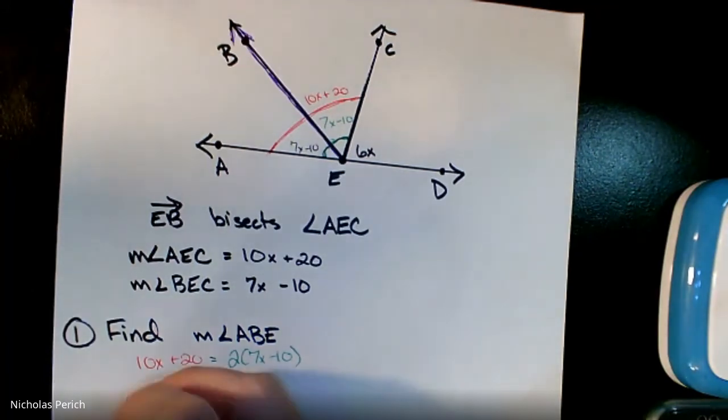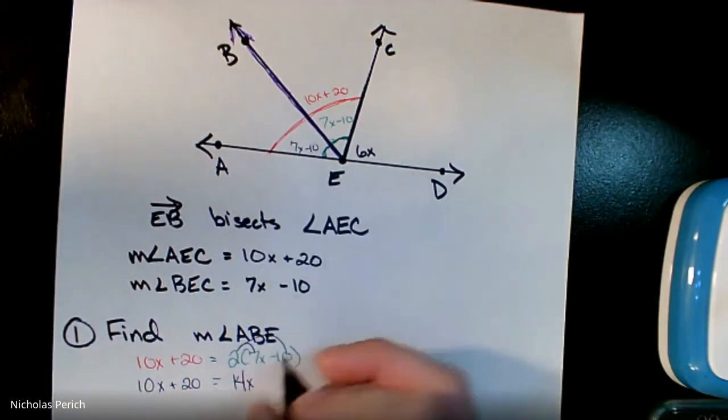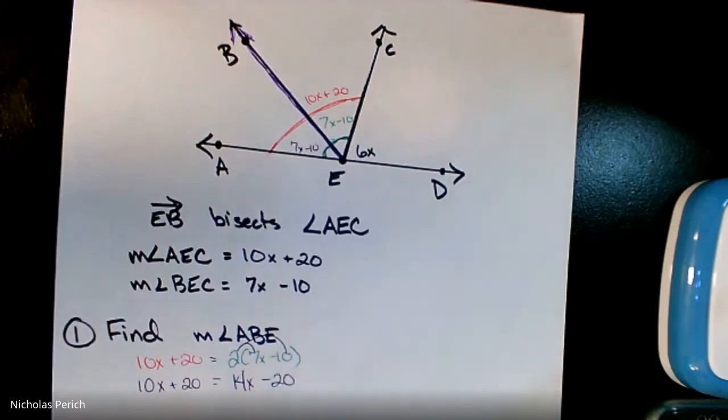So it would be 10x plus 20 equals 14x minus 20. Let's subtract 10x from both sides. Minus 10x, cross out. That leaves me with 20 equals 4x minus 20.